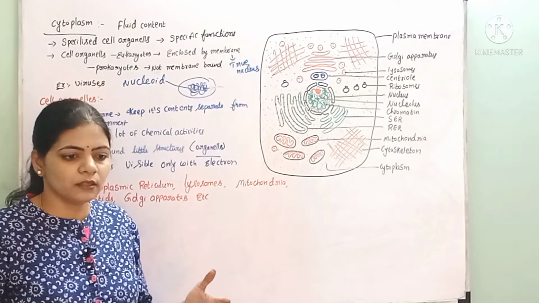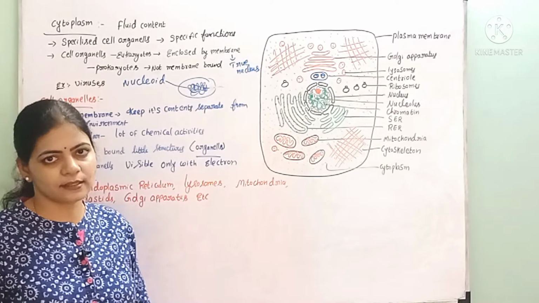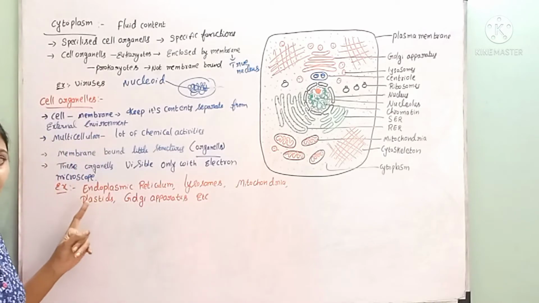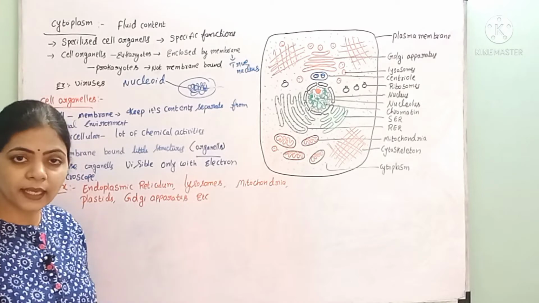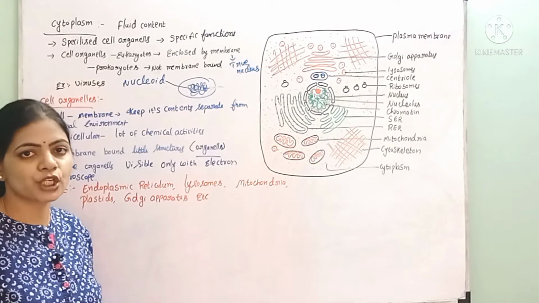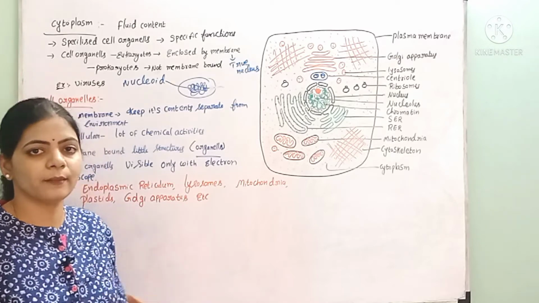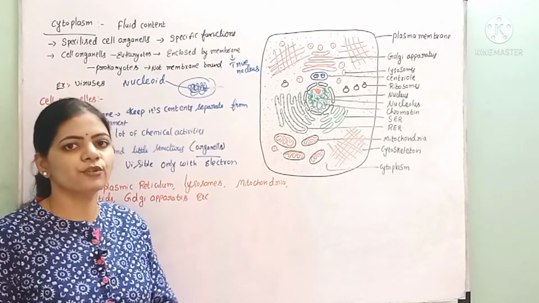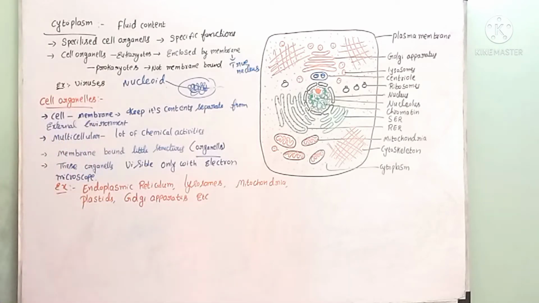Magnification means increasing the size of any object. Resolution means maintaining the clarity. Whereas the electron microscopes are highly expensive, and they have high magnification and resolution powers. With the help of the electron microscope, we are able to watch even the minute structures of the cell organelles.